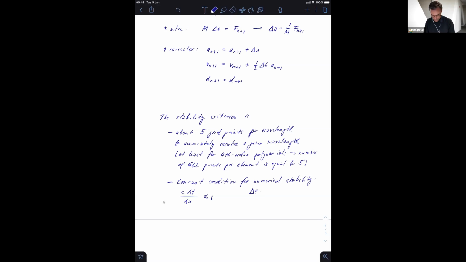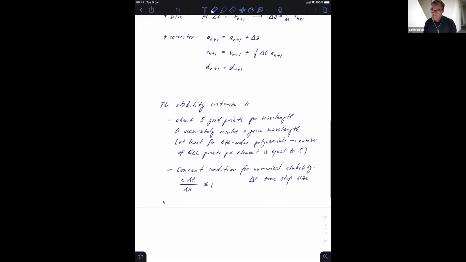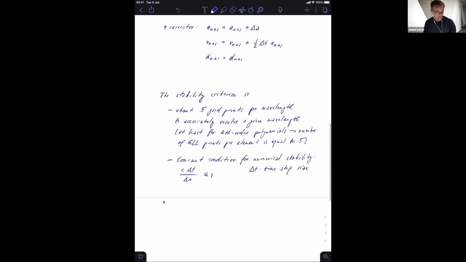So this gives us a condition about how large we can choose the time step size once we have the grids set up and the wave speeds imposed for that simulation.